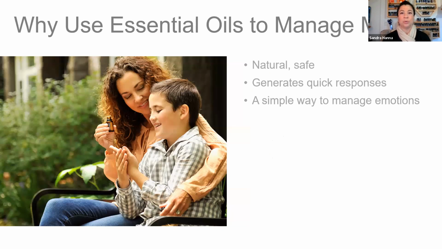Why should you use essential oils to manage your mood? They're natural and safe. They generate quick responses, and it's a simple way to manage your emotions. So for example, when I may be having some anxiety, I always look to my lavender, or actually, I'm not gonna lie, the first one I go to is my peppermint, and then it would either be my lavender or adaptive.